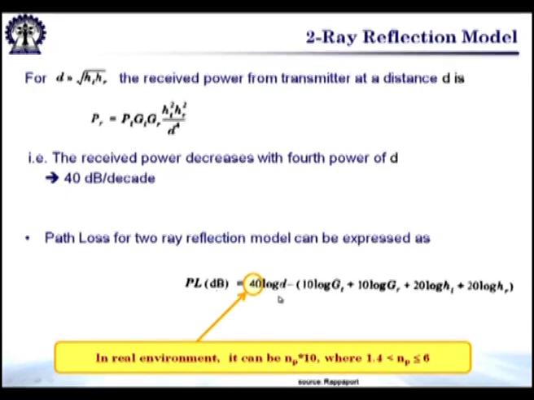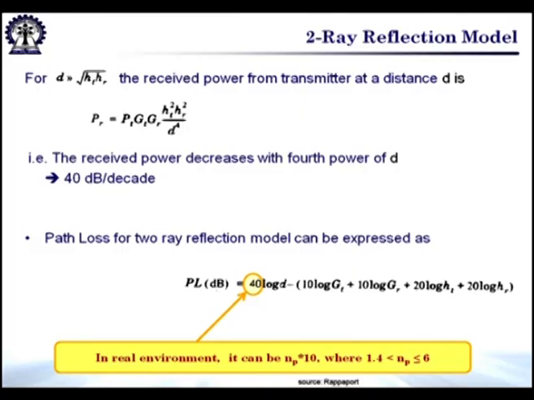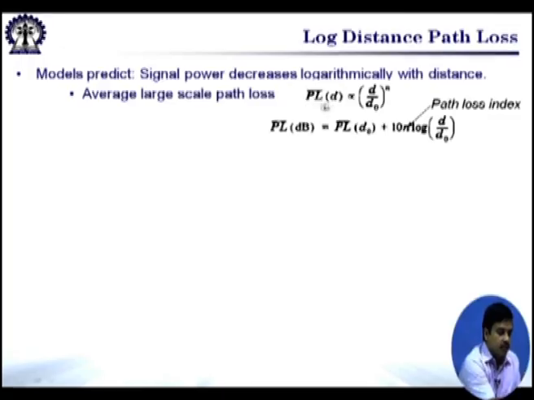As we continue to look at these expressions, the path loss at a distance d is inversely proportional to d raised to the power of n, normalized by d0.